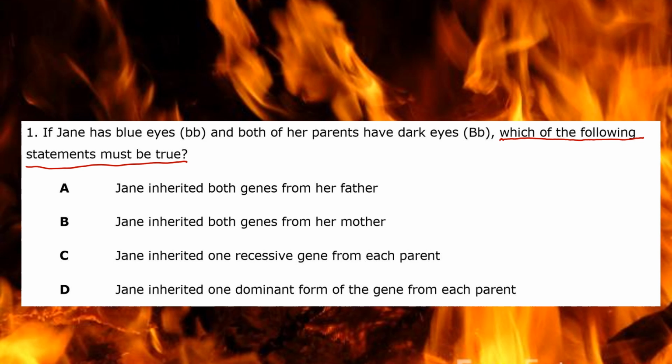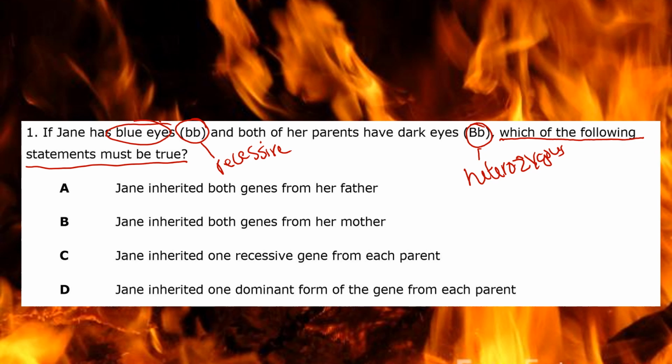We know that Jane has blue eyes, and that's little b, little b. I know that little b is the recessive trait, so I'm going to mark that. But we know that both of her parents have dark eyes, big B, little b. I know that means they are heterozygous. They have one dominant, one recessive.